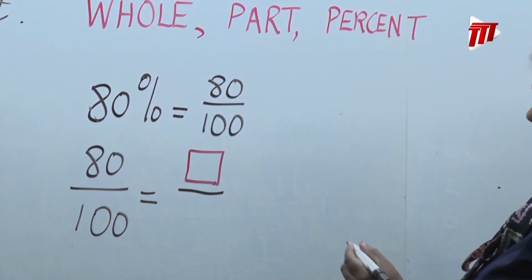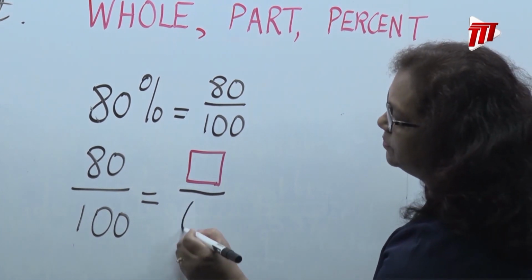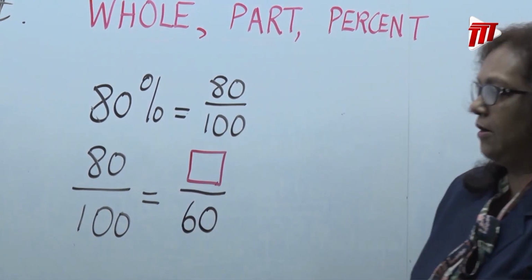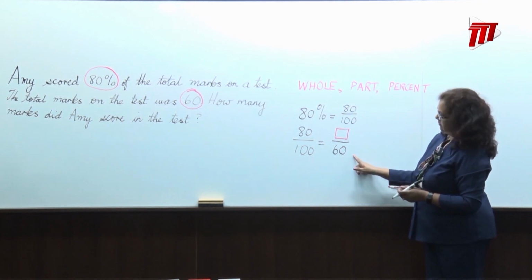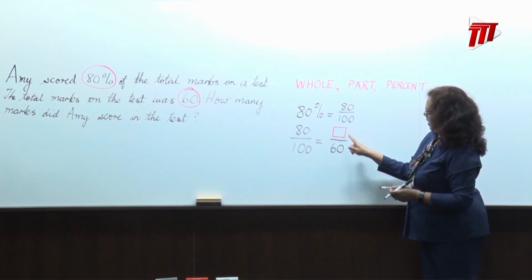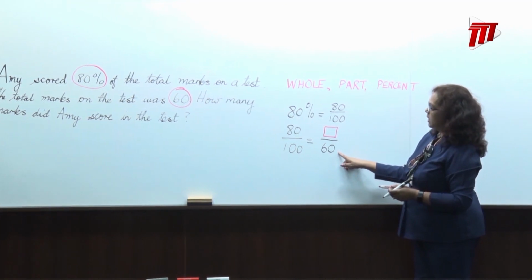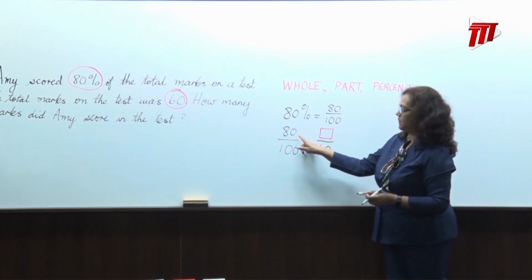So the whole in this case is 60. So what we are really calculating is an equivalent fraction: the number of marks out of the total marks, but this is equivalent to 80%.